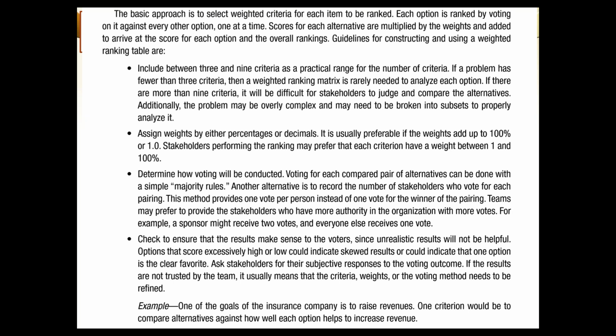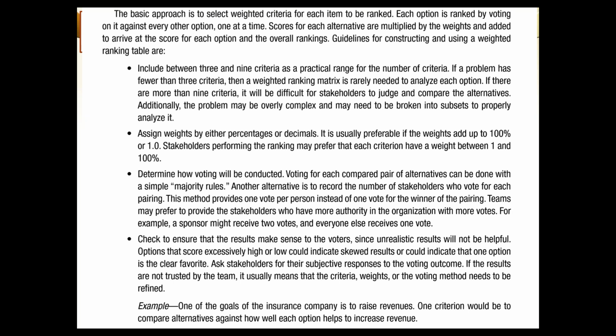Option 2, let us say it scores 2 points in the first factor. So 2 into 3 is 6. 3 points in the second factor. 3 into 2 is 6. 4 points in the third factor. 4 into 2 is 8. And 5 points in the fourth factor.